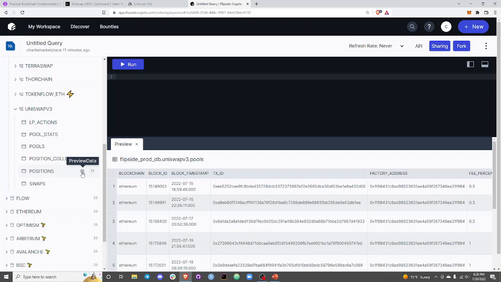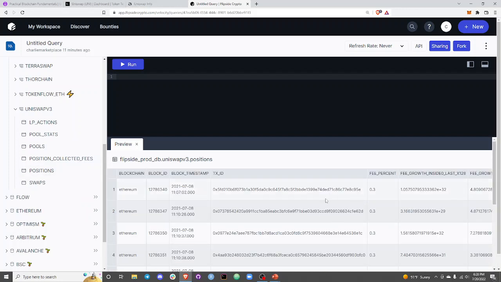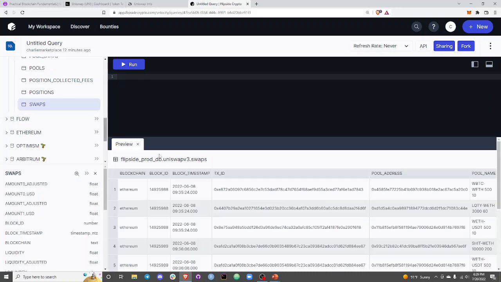Uniswap v3 is a little advanced, but positions are different than pools because positions are what people have their money in. It's like the metadata about their pile. So I might have $100,000 in my pile, but it might not be 50-50 ETH and USDC for a variety of reasons. So we're going to skip that for now, but just know Uniswap v3 is worth studying.